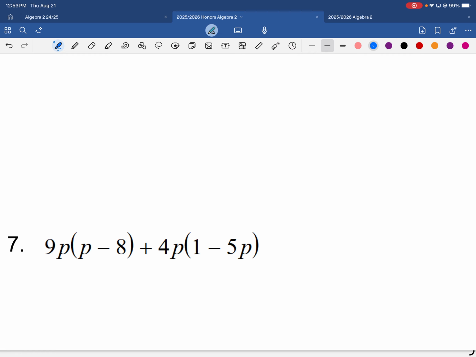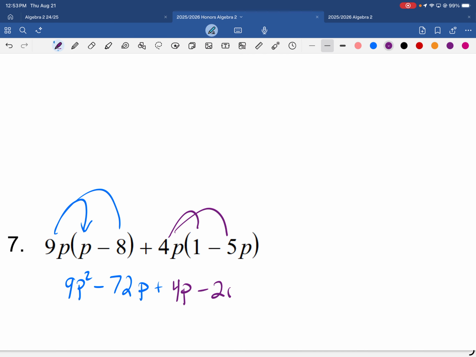All right, here we go. So we distribute: 9p times p is 9p squared. 9 times negative 8 is negative 72p. Plus 4p times 1 is 4p, minus 20p squared.